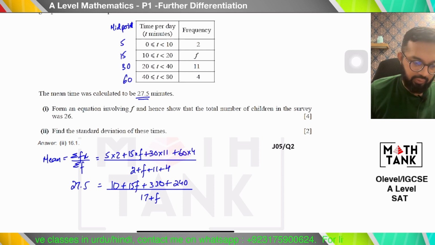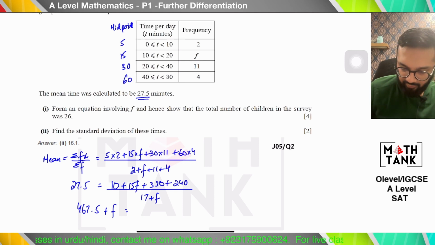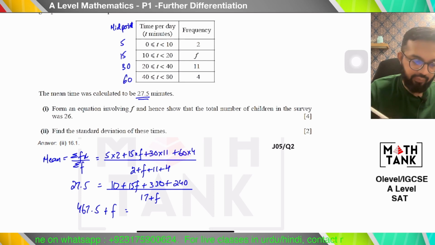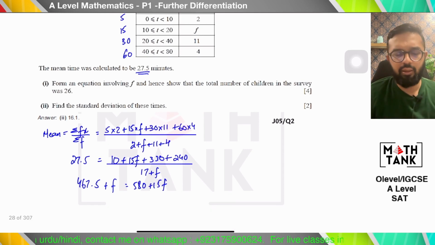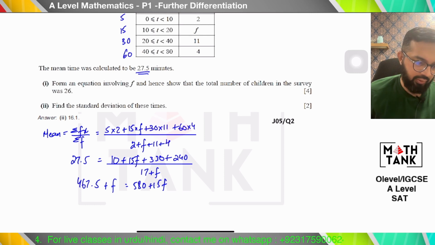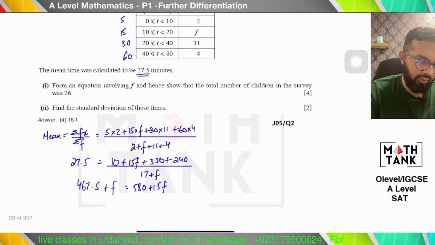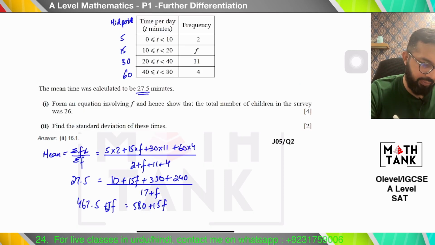So 27.5 into 17 gives me 467.5 plus 27.5f. 330 plus 240 plus 10 gives me 580 plus 15f.